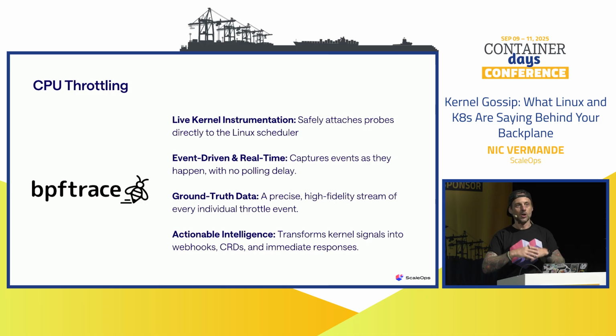You don't have to use C or anything. It's just scripted. And you can think about it as a stopwatch in the kernel. Instead of polling, bpftrace attaches tiny, predefined safe programs, so the predefined probes, directly to the scheduler functions that manage throttling. By default, you can attach to it. I have an example on the next slide.